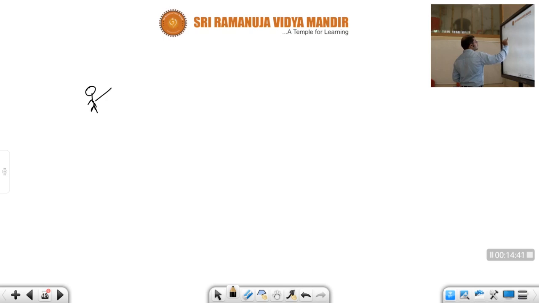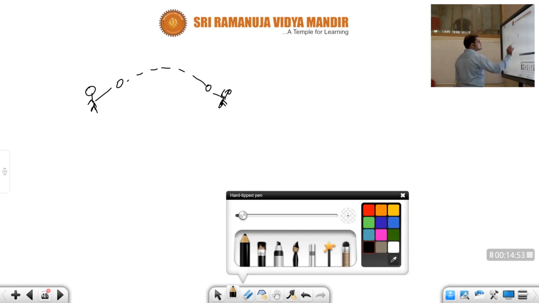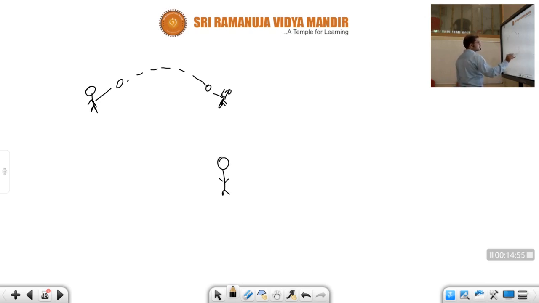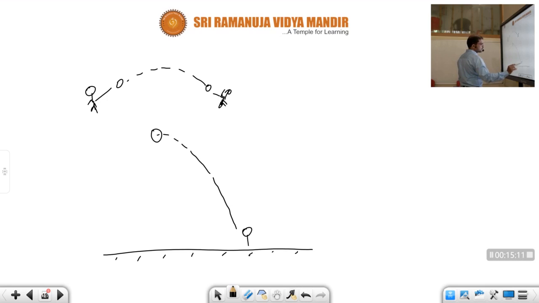This fellow threw a ball and another person is about to catch it. Next, another case, children. Now a ball is at some height and it is coming down. Here is that fellow and he is about to catch it.